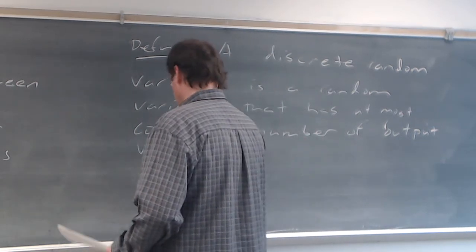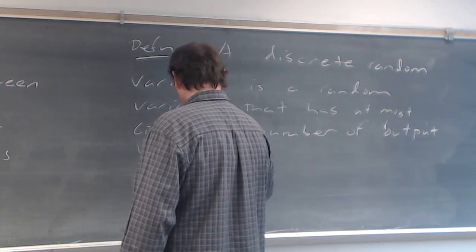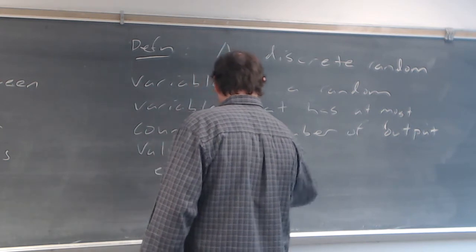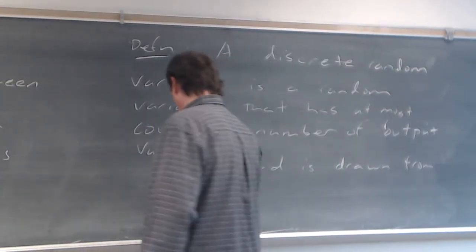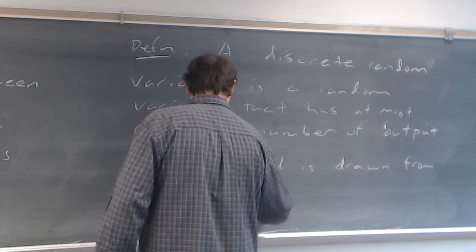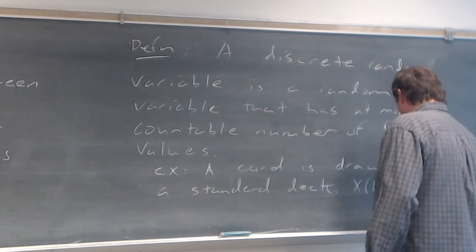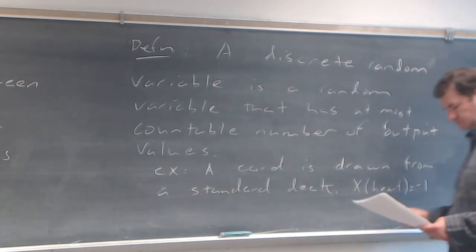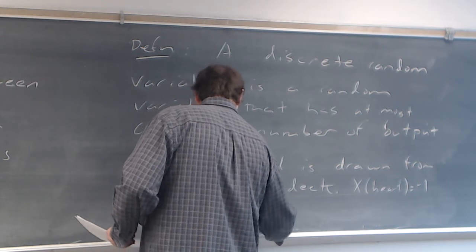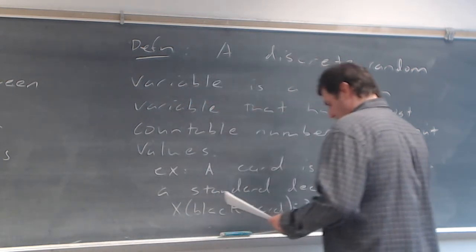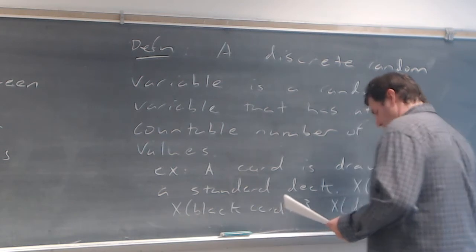And as an example, if we have a card drawn from a standard deck, we can define X of a heart equaling -1, X of a black card being equal to 3, and X of a diamond equal to 2.